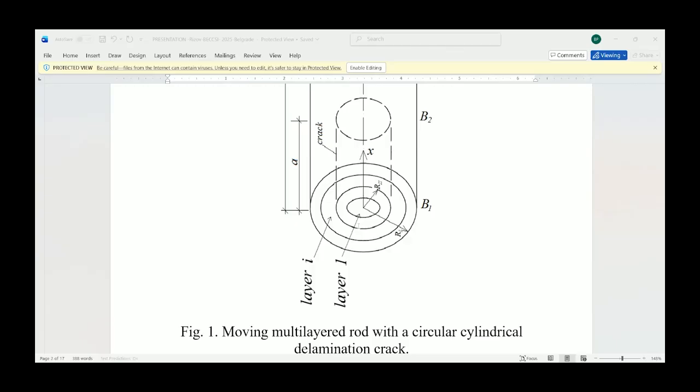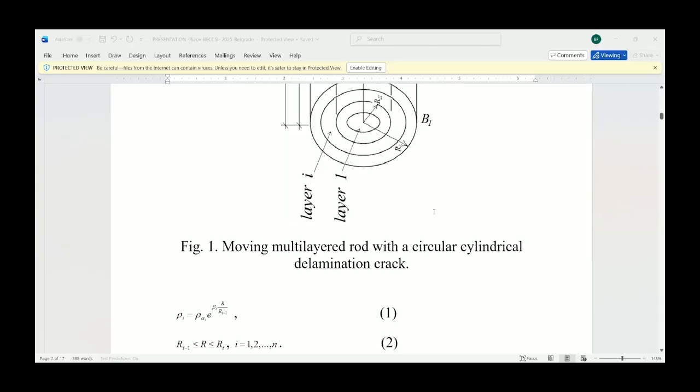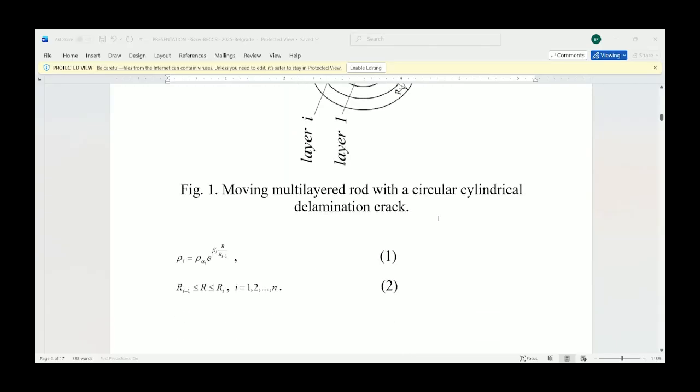The variation of the bulk density of the material along the thickness of the layer is given in equation number 1. In this equation, R is the radius, rho alpha i is the bulk density of the material at the internal surface of the layer, beta i is a parameter, N is the number of layers.